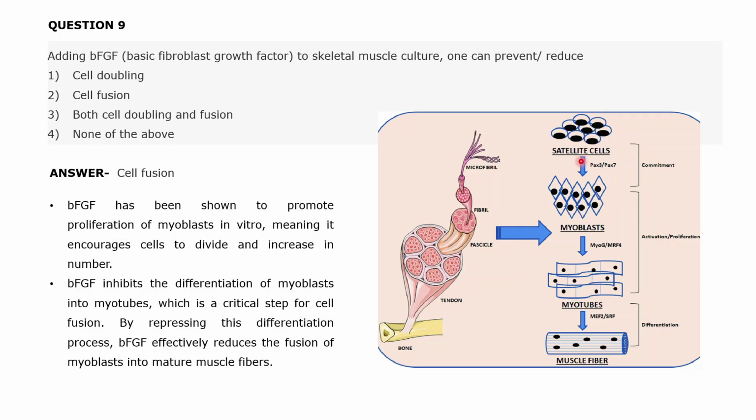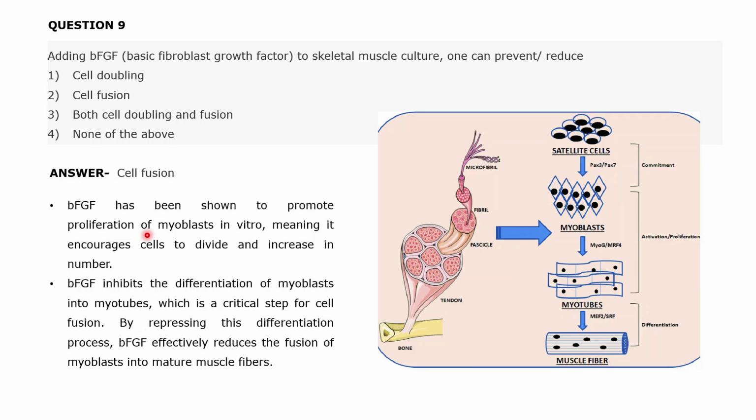In this case, you can see that there are specific steps it goes through, right? First, it goes through the formation of a myoblast. The myoblasts then arrange themselves in a pattern and fuse together to form what is called a myotube. This myotube then arranges itself to form a muscle fiber.